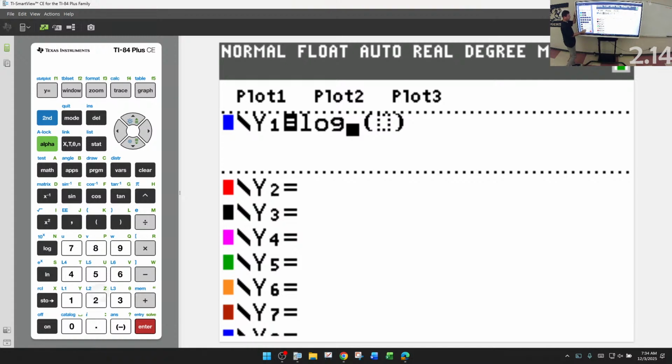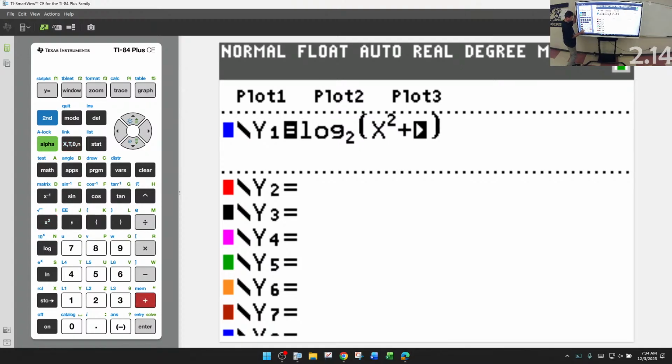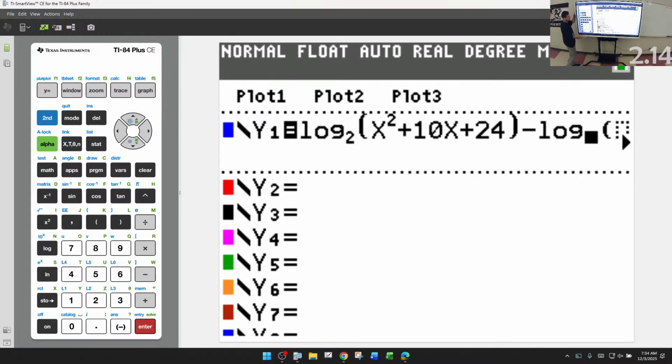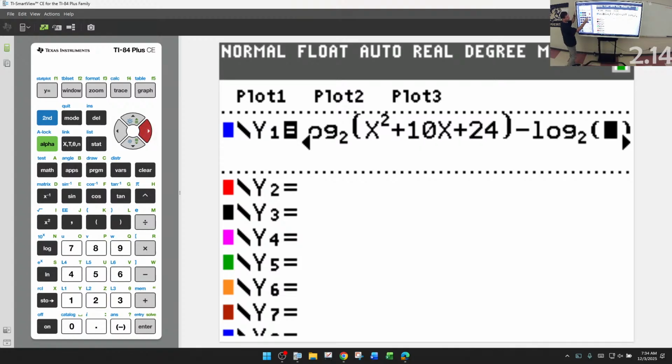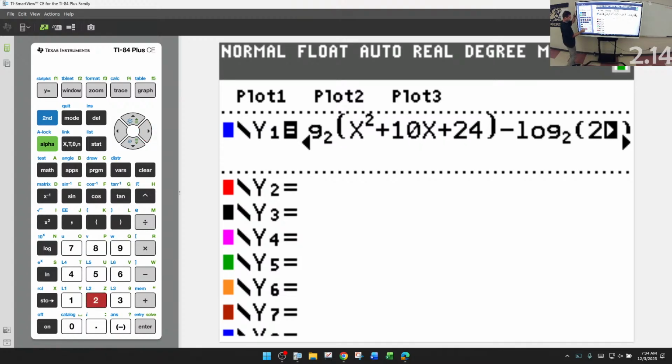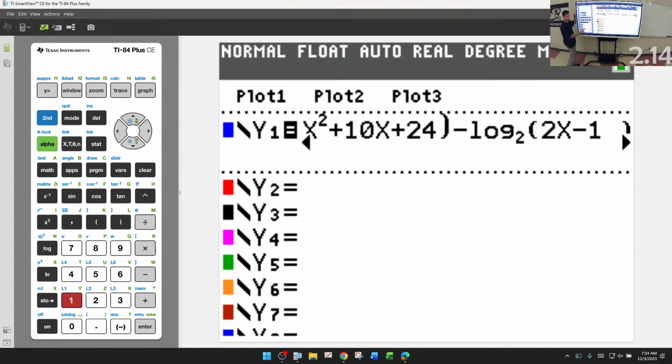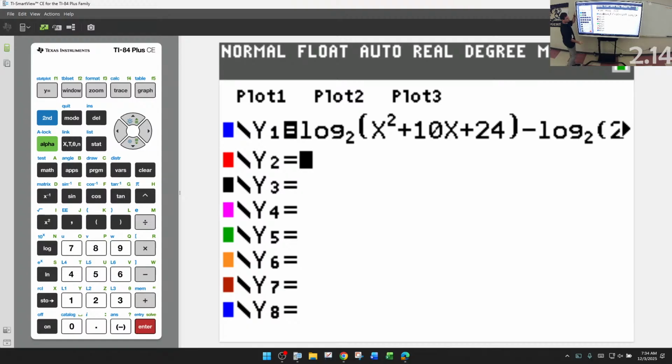Log base 2, x squared plus 10x plus 24, minus log base 2, 2x minus 1. Okay.